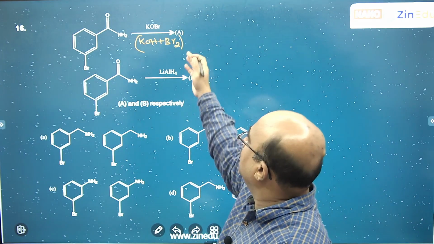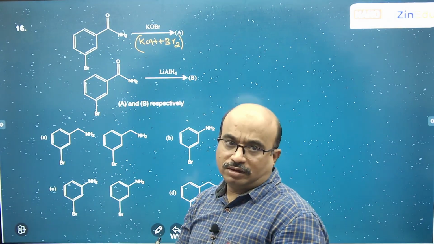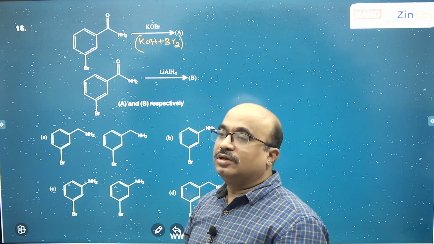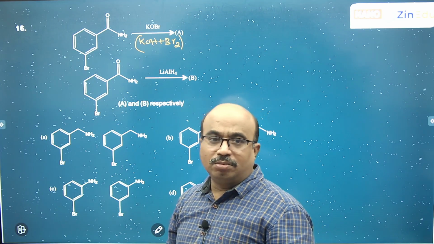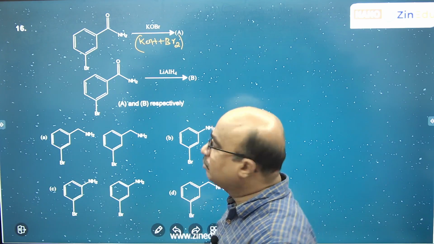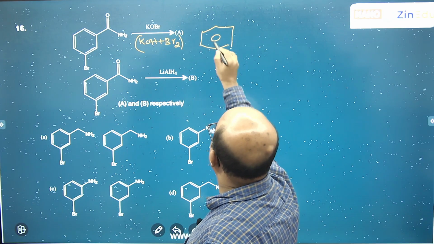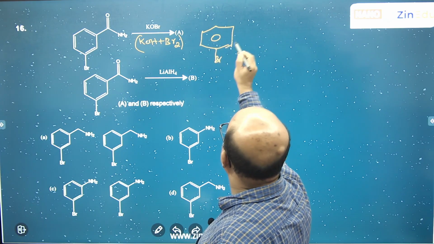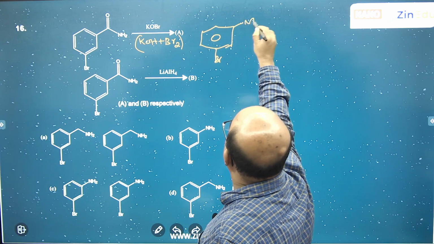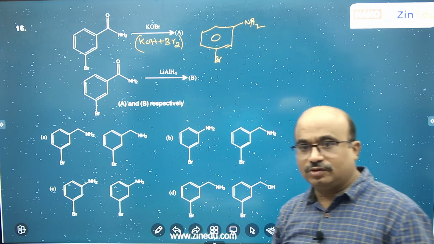This is the reaction of amides with halogen in the presence of alkali, which we call the Hofmann bromamide reaction. In the Hofmann bromamide reaction, there is a degradation: one carbon is lost, so the amides convert into amines. There is no effect on these other groups. Only it is converted to NH2. That is A for us.